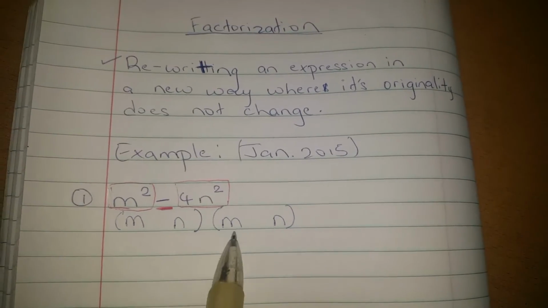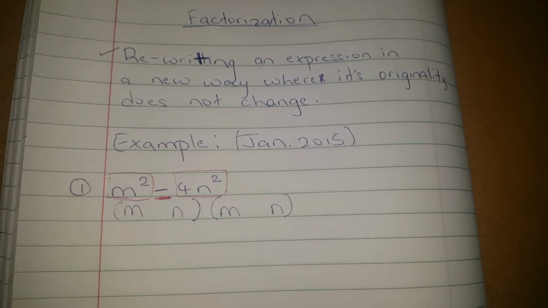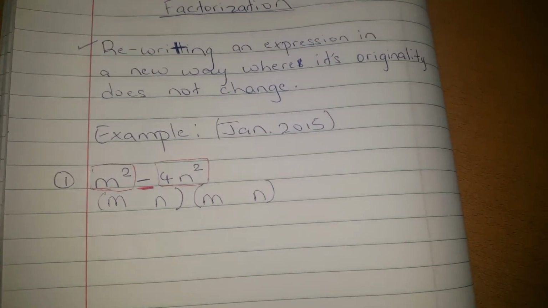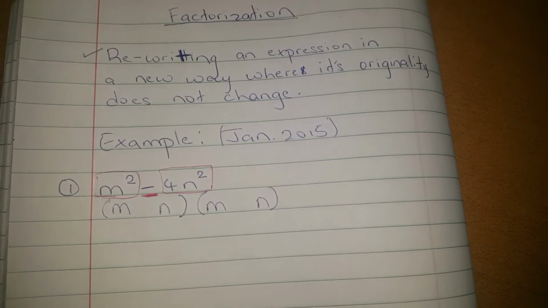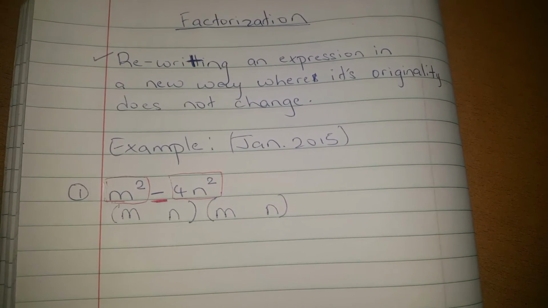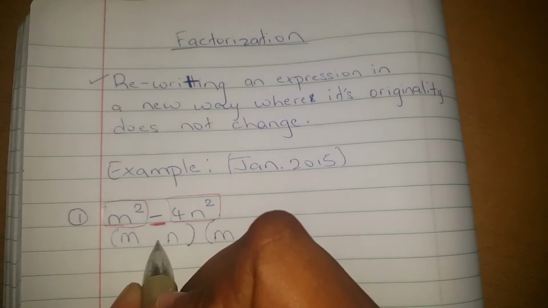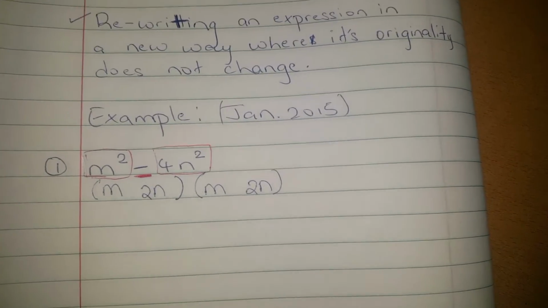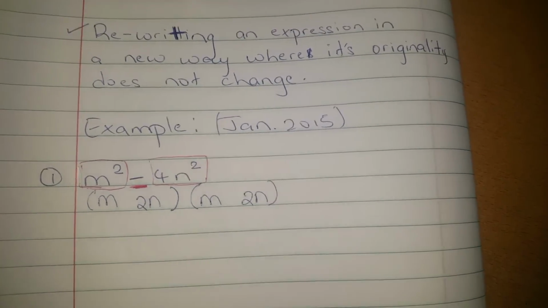Given that these brackets mean that they can ultimately be multiplied, it means that something multiplied by something will equal 4. And we know what that number is, right? That's 2. So therefore, we're going to have 2n.